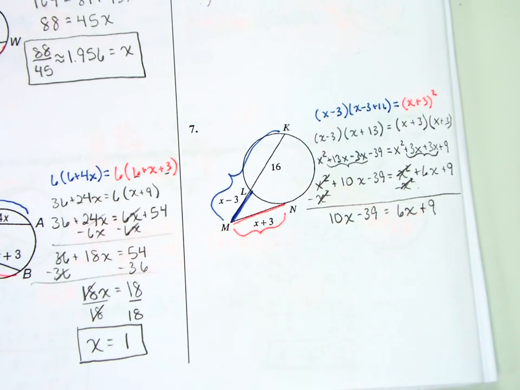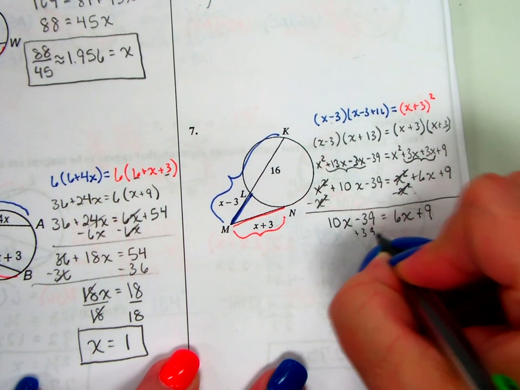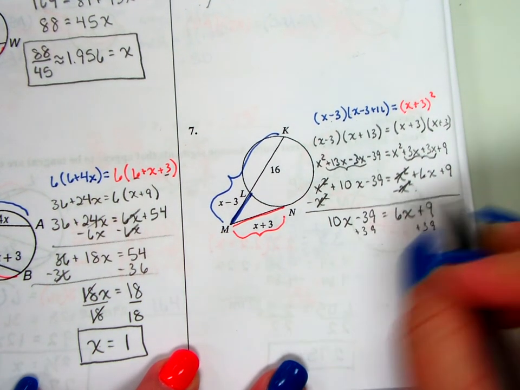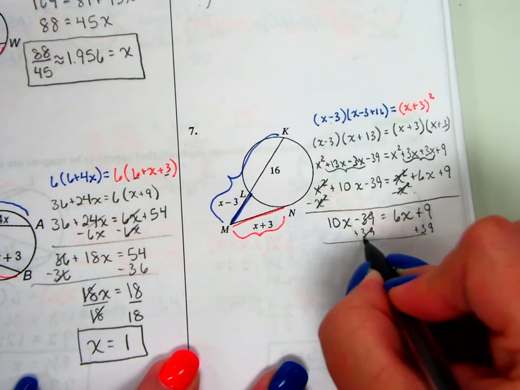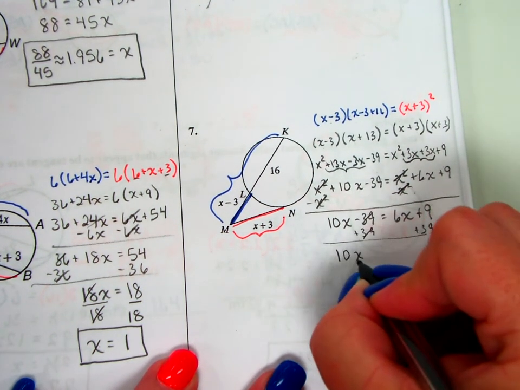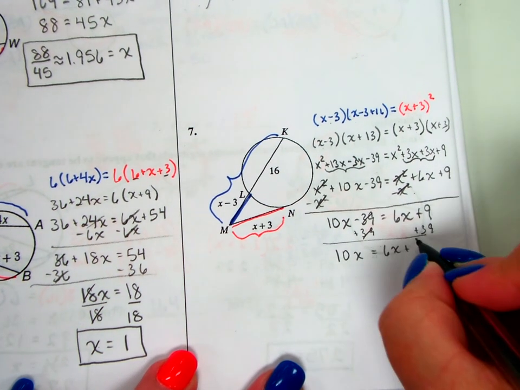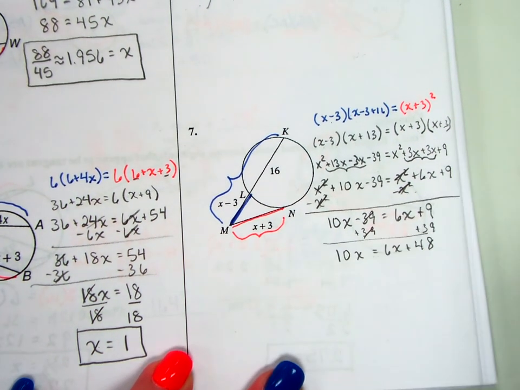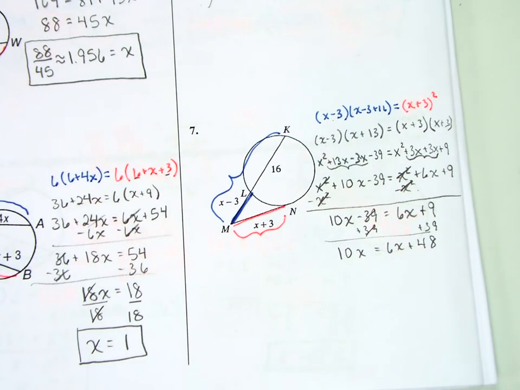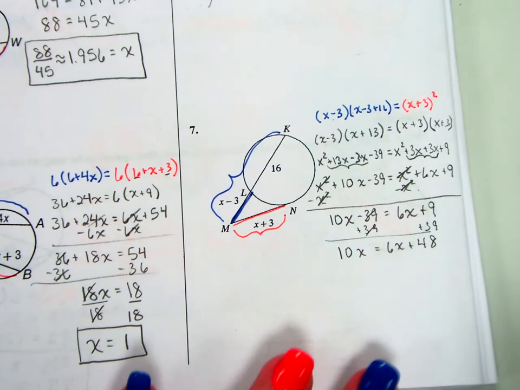All right, what should I do first? Okay, add 39 to both sides. When I do that, 10x equals 6x plus 48. Okay, then what?